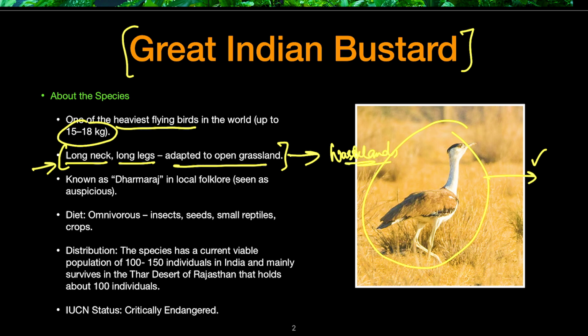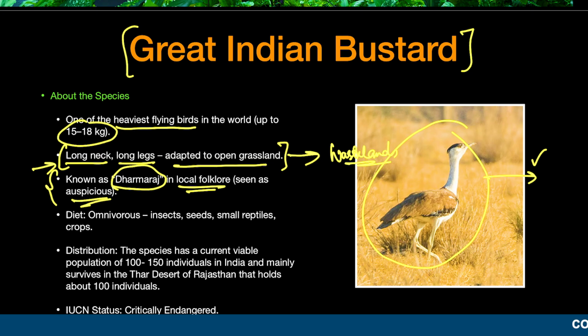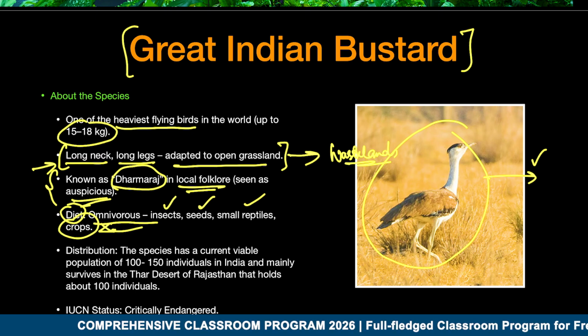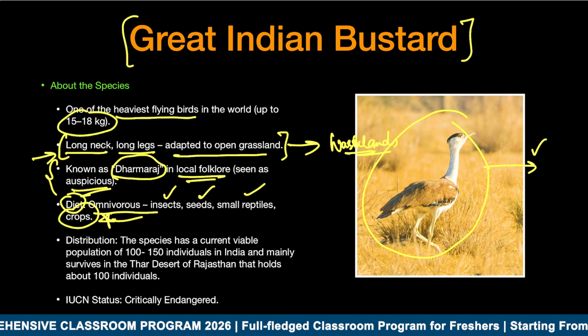You can imagine it as a substandard version of an ostrich, though not exactly an ostrich. It is also famously called Dharmaraj in local folklore, and the name is seen as auspicious. Talking about the diet, it is mostly omnivorous. It eats insects, seeds, and small reptiles, and also feeds on various crops.